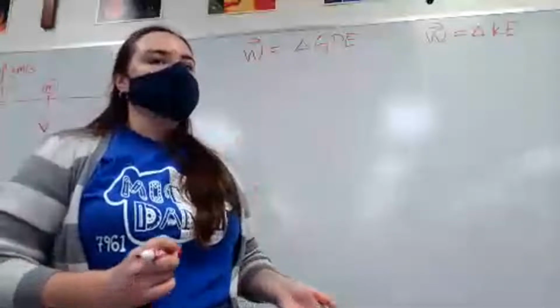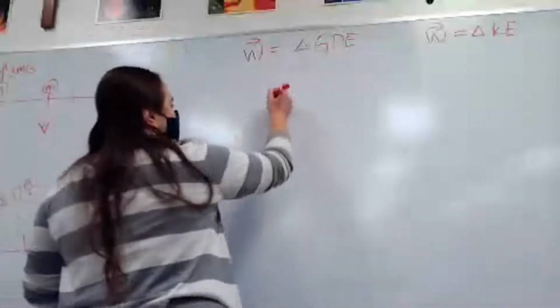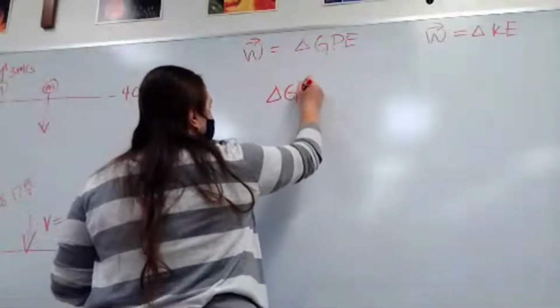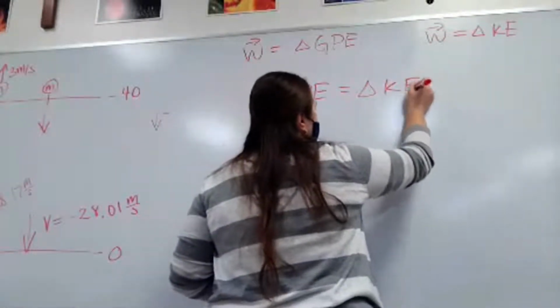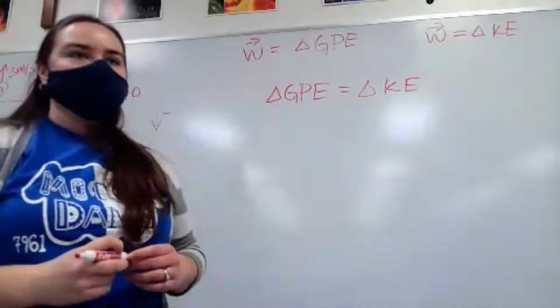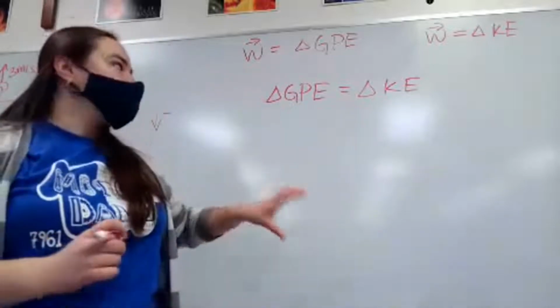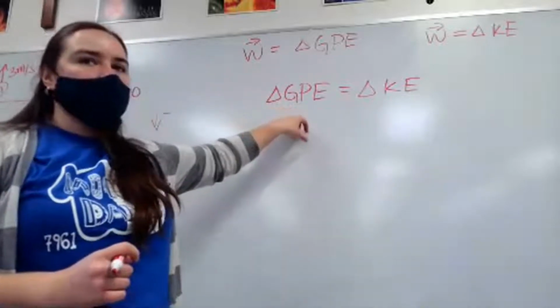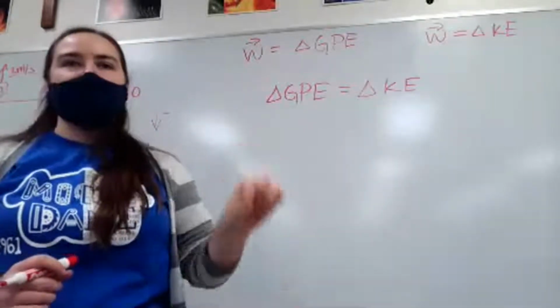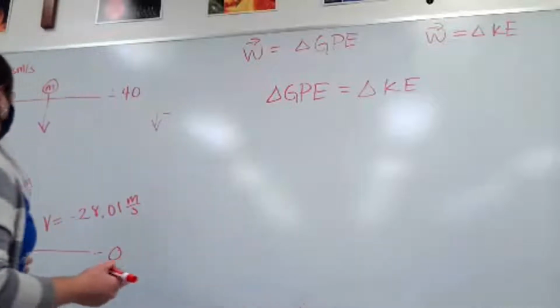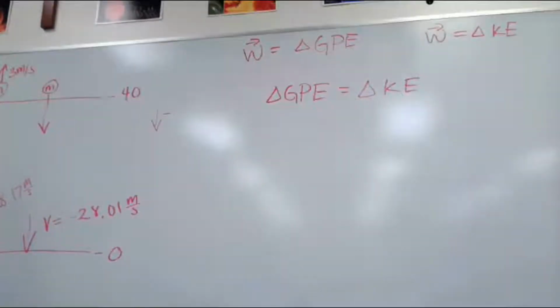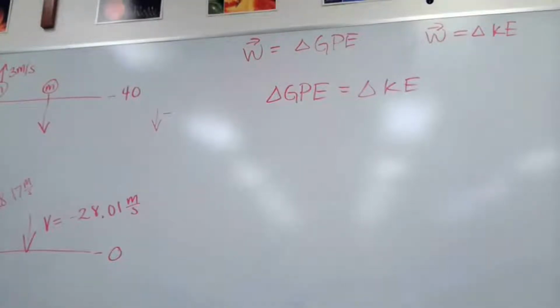So what we're going to do is set our change in gravitational potential energy equal to our change in kinetic energy. Don't forget that when we have this delta sign, we're always taking our final minus initial. Our final gravitational potential energy is when we're on the ground. Everybody agree with that?